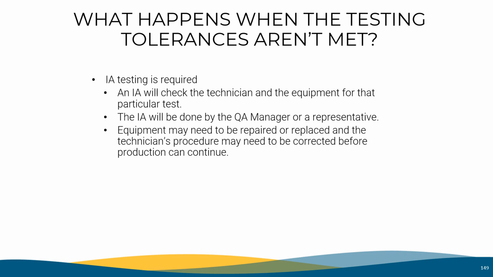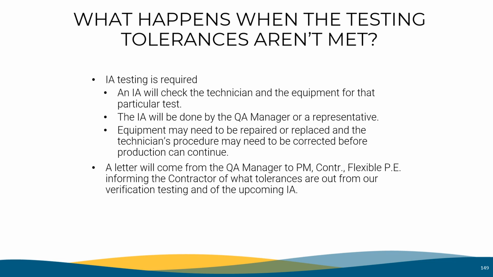Equipment may need to be repaired or replaced, and the technician's procedure may need to be corrected before production can continue. A letter will come from the QA manager to the project manager, contractor, flexible pavements engineer, informing the contractor of what tolerances are out from our verification testing and of the upcoming IA. IAs may be necessary several times throughout a project's material production.